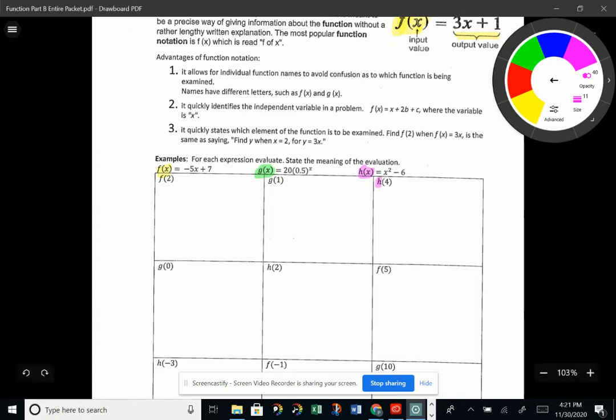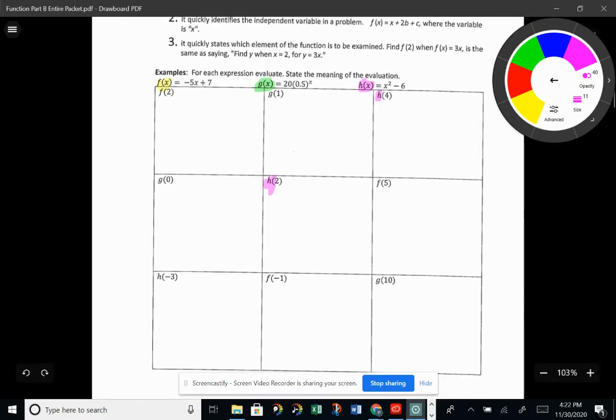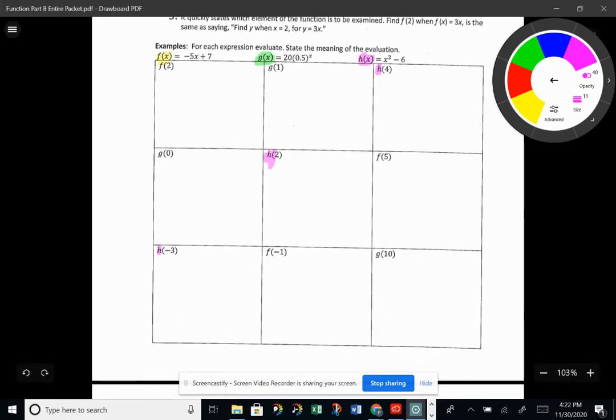Whenever I see the letter h, I know I'm going to use the function h, so I go through and highlight all of my h's. Then I highlight all of my function f's, and then all of my function g's. Now I've color coded it, and it's a lot easier for me to figure out what I actually need to do.